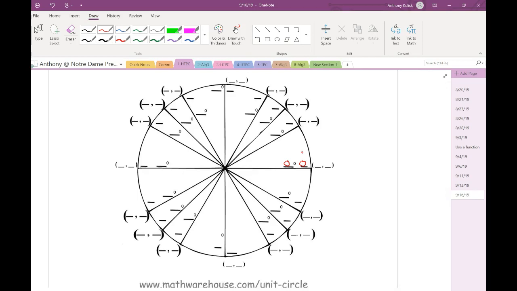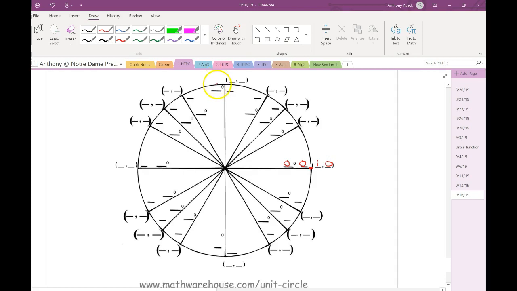Can you guys just let me talk? Thank you. So this point here on a circle with radius 1 is at what coordinate? You mean 1, 0? Yeah, that's right. Okay.